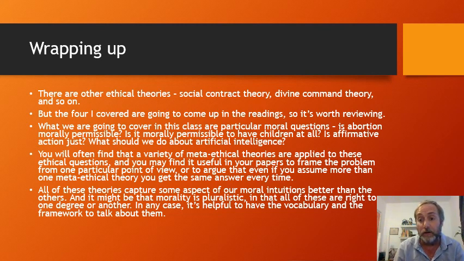Maybe one is totally correct, or maybe they're all correct in their own ways. This is called pluralism. And again, we're not going to answer the question as to which one is right, but I just want to give you the vocabulary, the framework, the background to talk about some of these specific issues. So that's it on this, and I will see you in the next video.